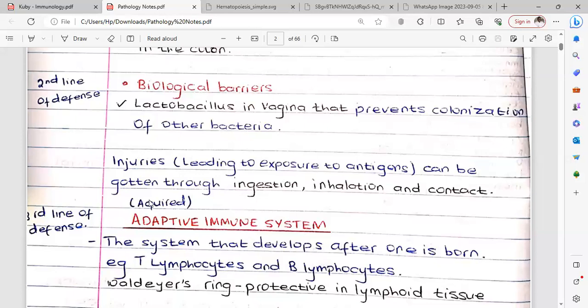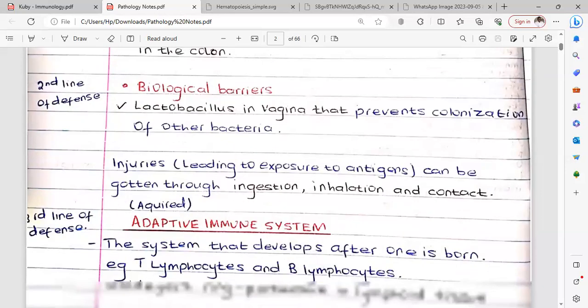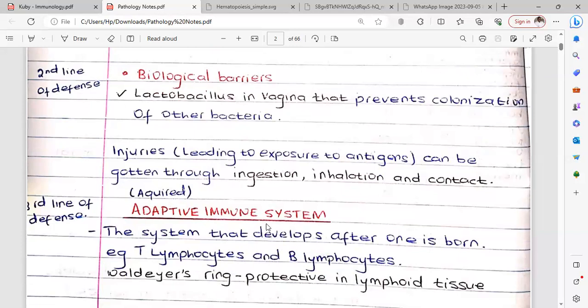The pathogen has been able to pass through both the first line and the second line, but now it won't escape the third line, because now we have the antibodies that will detect it. We have a foreign substance which will act as an antigen, so that is what will capture it. So the adaptive immunity is the one that will pick it up now.